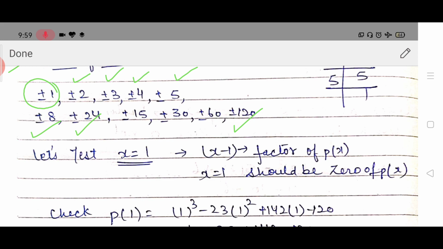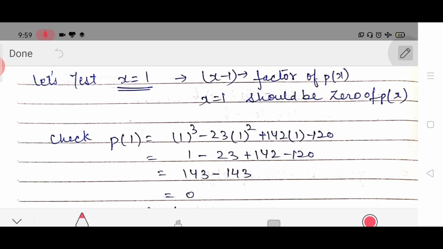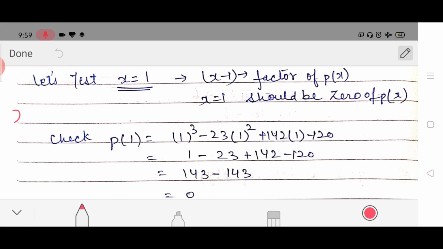First we take x is equal to 1. So what will we do? If x is equal to 1, that means x plus 1 is a factor and x is equal to -1 is the zero. If x is equal to -1 is the zero, you have to check the value of the polynomial at x is equal to -1. You will take -1 here.